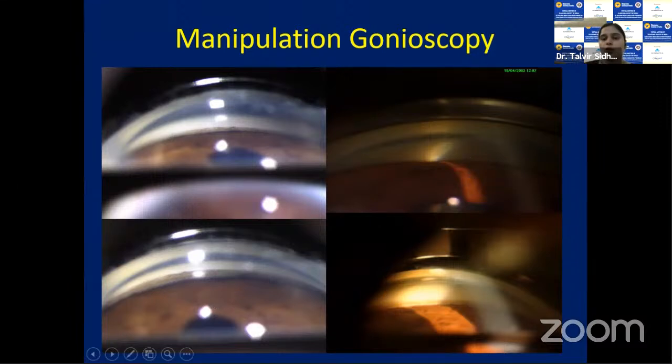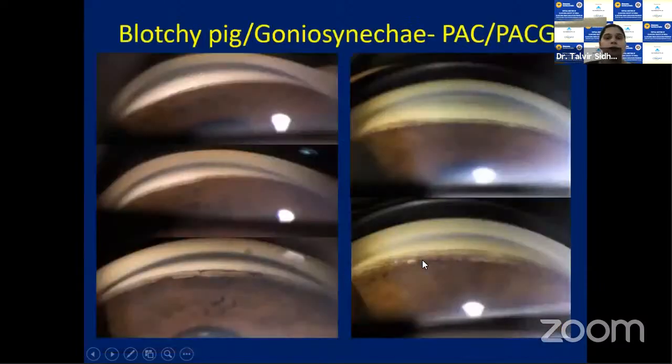Sometimes only on opening up the beam or making the beam wide, your pupil might constrict and the angle might open up. For example, in the picture on the right. And in people who have constant iridotrabecular contact, they start developing some sort of goniosynechiae. For example, here you can see that the angle opens up from this picture. The angle has opened up on manipulation only up to this area, but here the iris is still in contact with the trabecular meshwork.